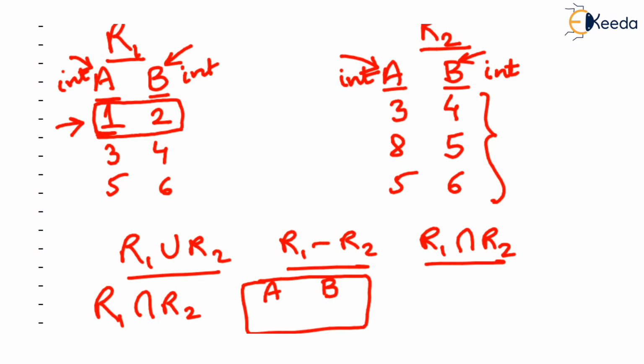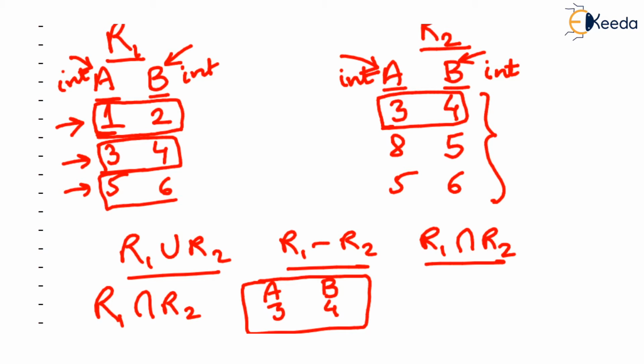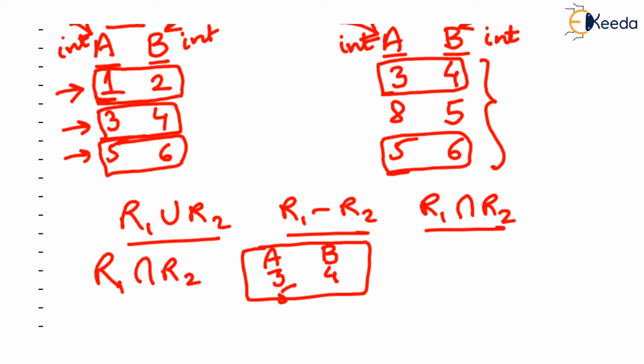So 1 and 2 won't be listed. 3 and 4 is present in R1, and exactly the same row 3, 4 is present in R2. So 3, 4 will be listed. Same is the case with 5, 6. It is there in both R1 and R2. So 5 and 6 will be listed.